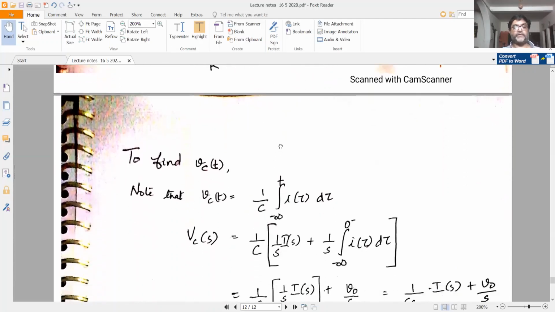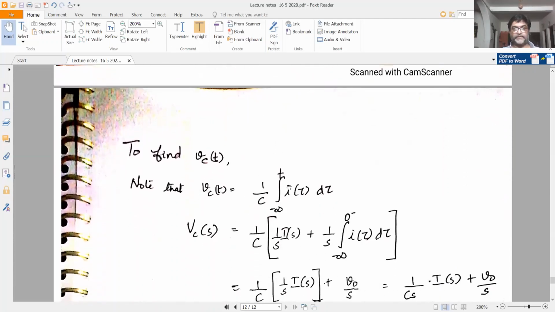Now you are required to find out what is Vc of t, that is, the instantaneous capacitor voltage at time t. From the expression for the capacitor voltage, Vc of t is 1 by C integral I dt, that is, 1 by C integral from minus infinity to t of I of tau d tau.